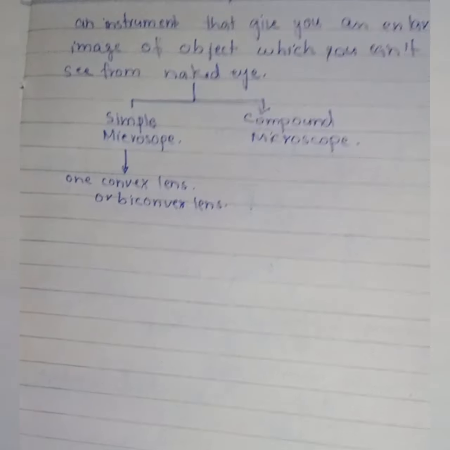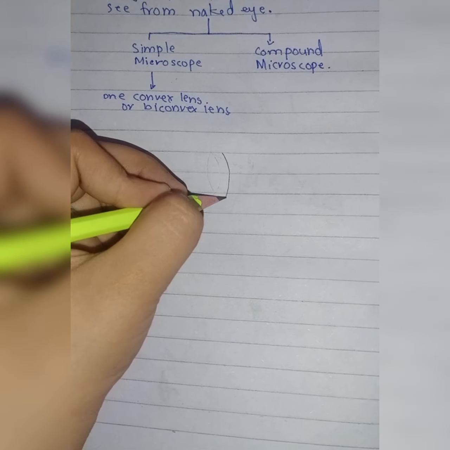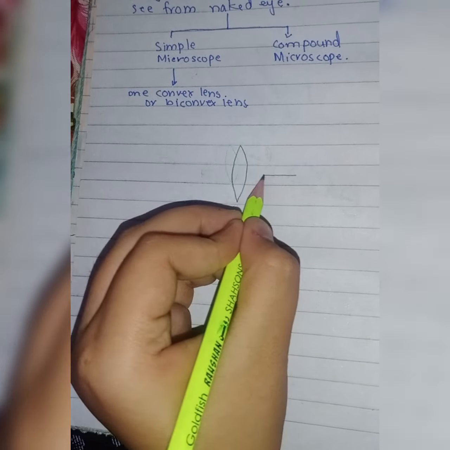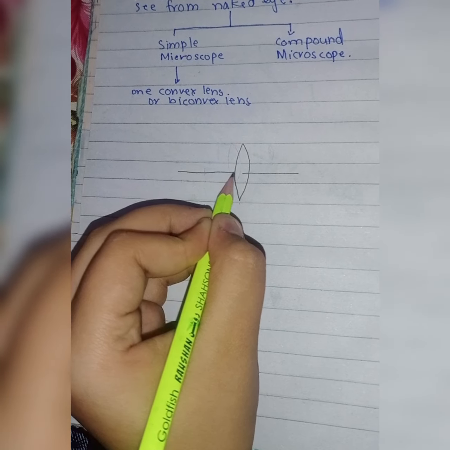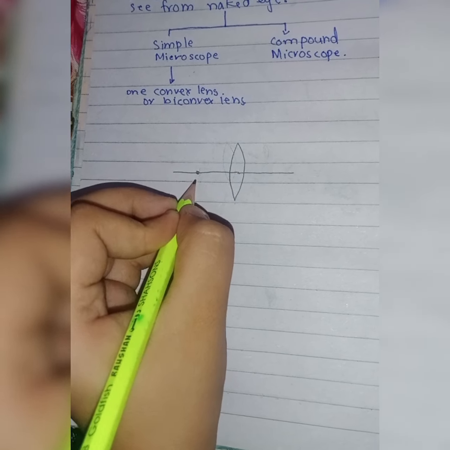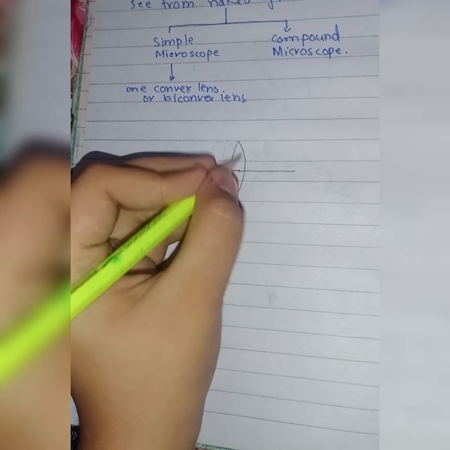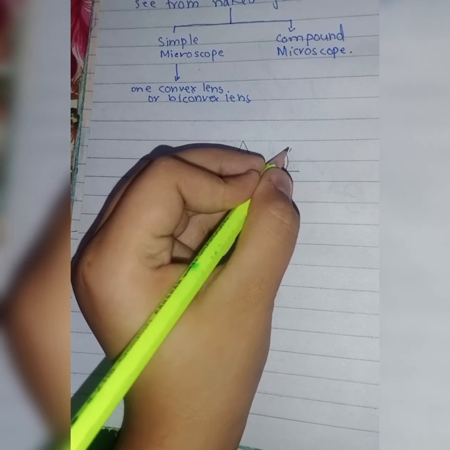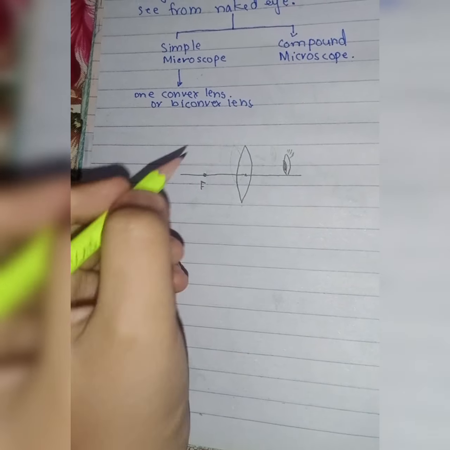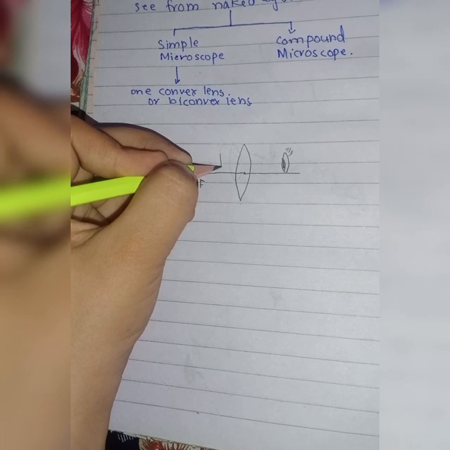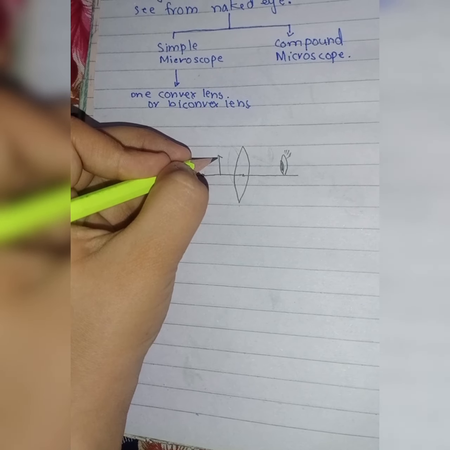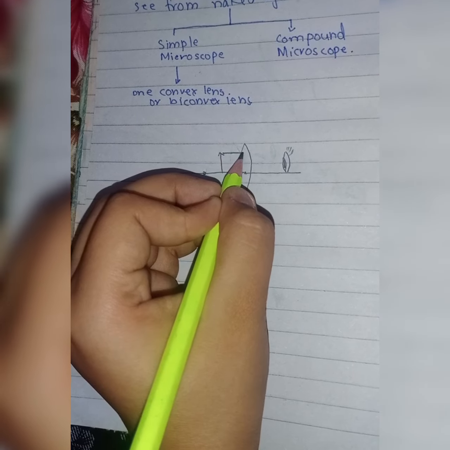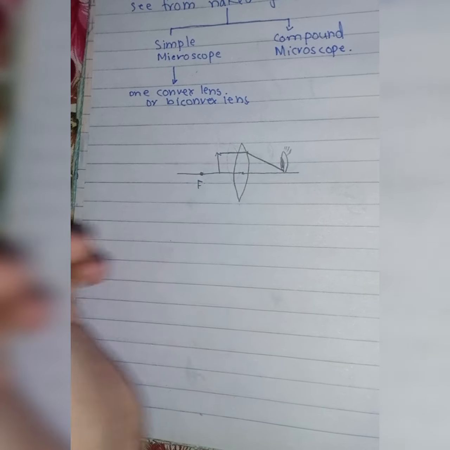Okay, so now we have a convex lens. I'm drawing the principal axis. Here we have the focal length, and this is a convex lens, and here we have the human eye. Now the object will be placed between the focal length and the lens. Suppose the object is placed here.